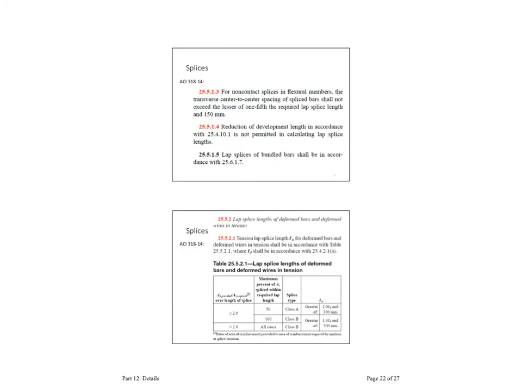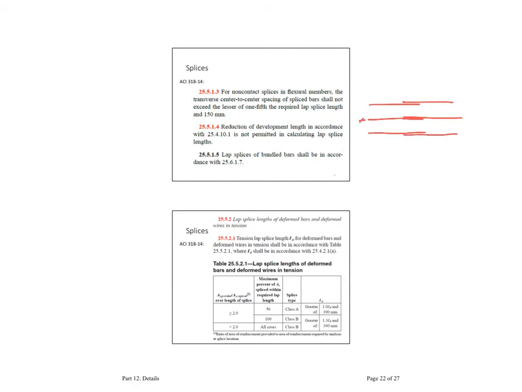Some provisions about the lap splices: for non-contact splices in flexural members, the transverse center to center spacing of spliced bars shall not exceed the lesser of 1/5 the required lap splice length and 150. You shouldn't have a big distance between your spliced bars and the next spliced bars.